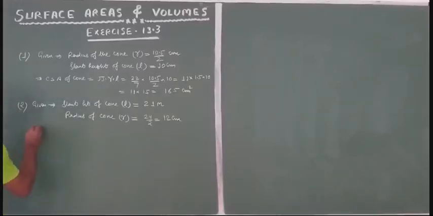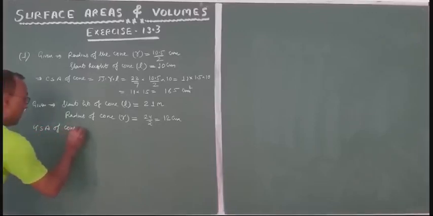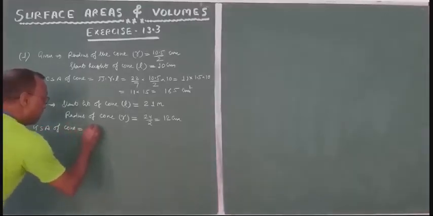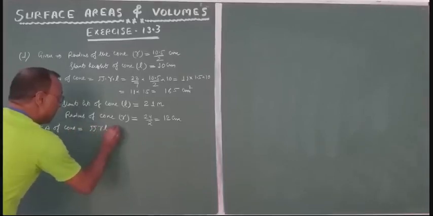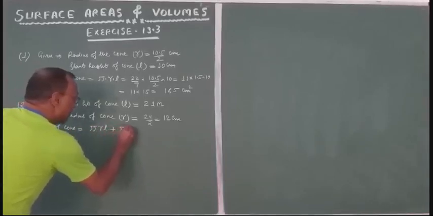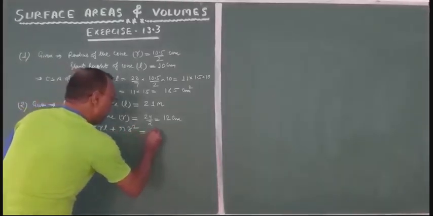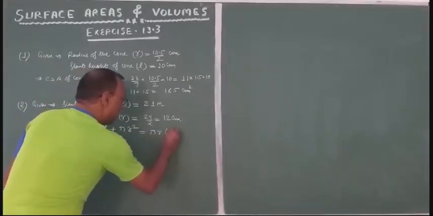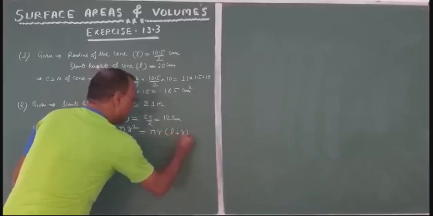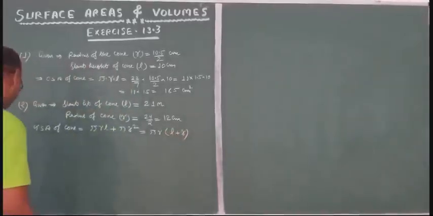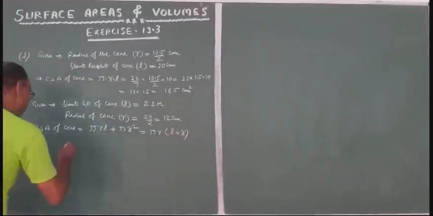Now TSA of cone is given by CSA pi RL plus pi R square. You can take pi R common, in the bracket you will get L plus R. Just put all the values.